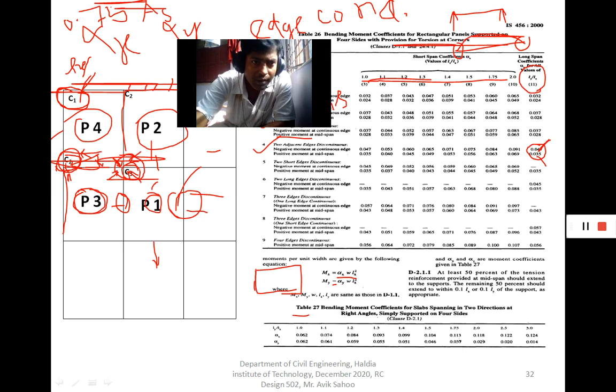are balanced by each other. So that's why in corner C3 there is no need of torsional reinforcement, and in corner C1 you have to apply the maximum torsional reinforcement. The torsional requirements are given, how much reinforcement you have to apply is mentioned, and in C2 it is 50% and in C3 there is no torsional reinforcement.